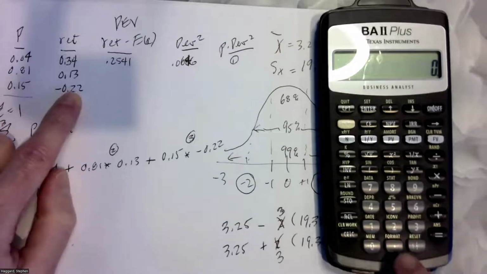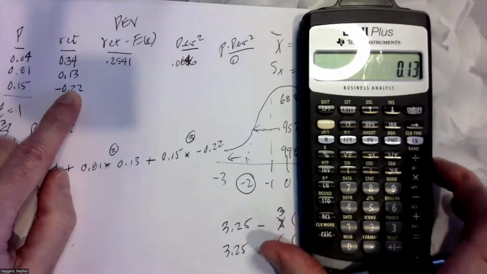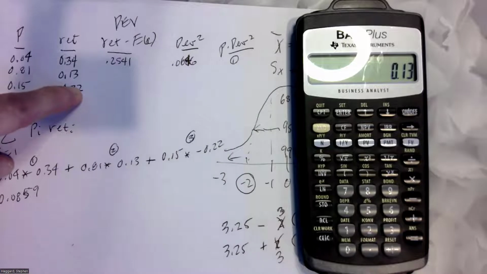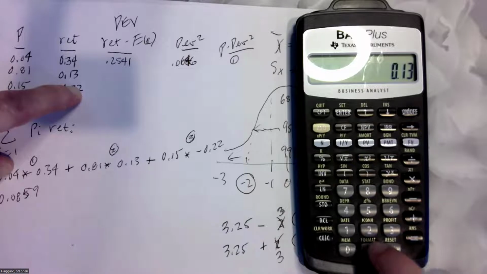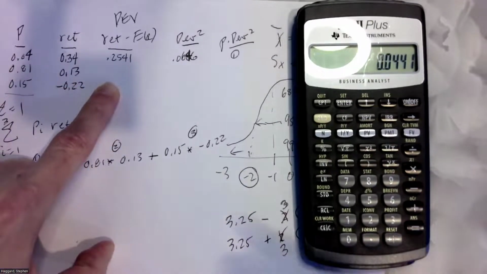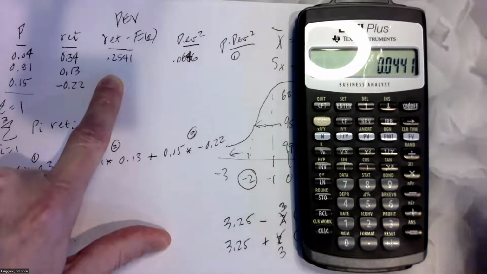Now the next one is 0.13. What do I subtract from that? Ms. Bergner, what do I subtract? 0.0859. Very good. Thank you. And that gives me 0.0441, which is what goes here. What do I need to do to that number next?